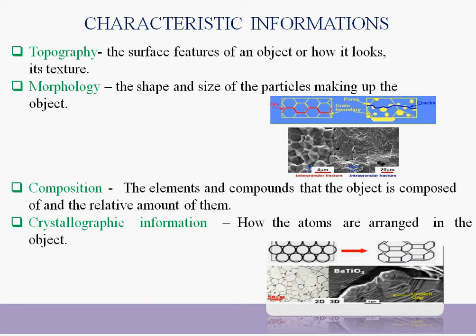Some of the information we will be fetching with the help of scanning electron microscopy is topography, meaning the surface features of an object; morphology, meaning the shape as well as size of the particles; composition, meaning the elements or compounds used for making the object; and crystallographic information, meaning the arrangement of atoms inside the object, right?